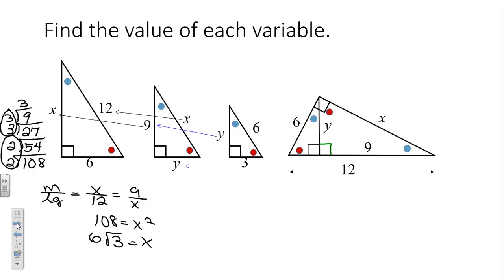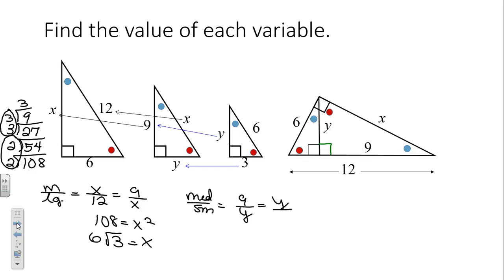Okay? Now we want to find y. So y is in the small and the medium. Are we going small to medium or medium to small? Medium to small. So we go to the medium triangle and we say, guess what? I have 9 for the larger leg, right? So we're going to call that 9. What's the larger leg on the small triangle? And then we need to find something else. So let's do the small leg that has the y in it.